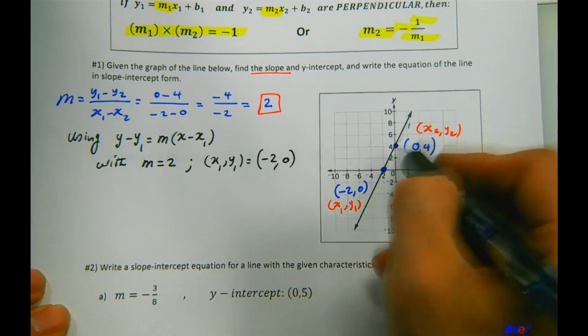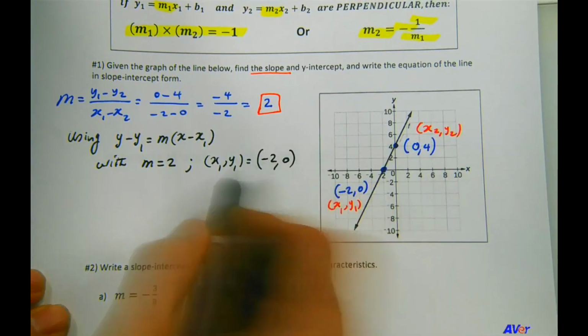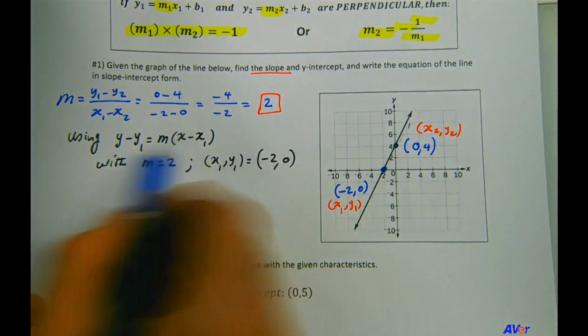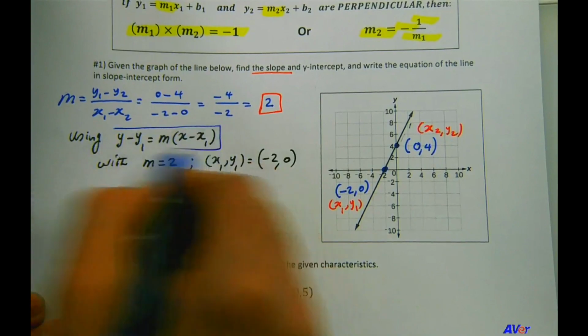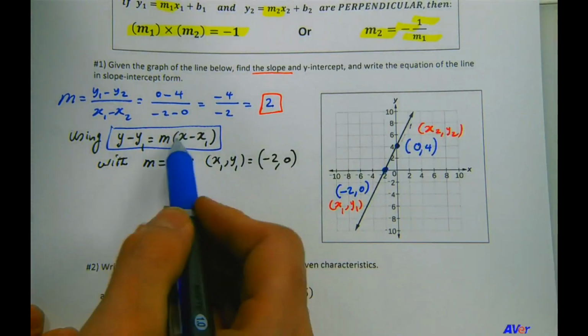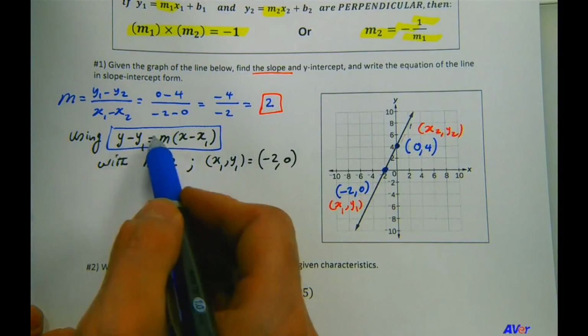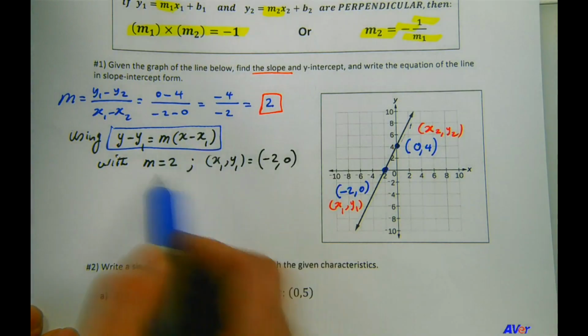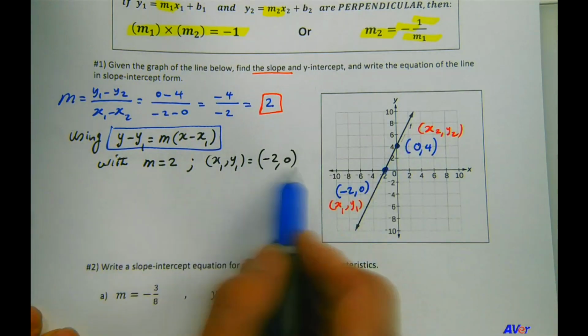It doesn't have to be the intercepts, but I picked that one, (-2, 0). Then let's plug into this formula with the quantities we have for this line, because again, that's a general formula that can be applied to any line. But for this specific line, we have this information that we should plug in.